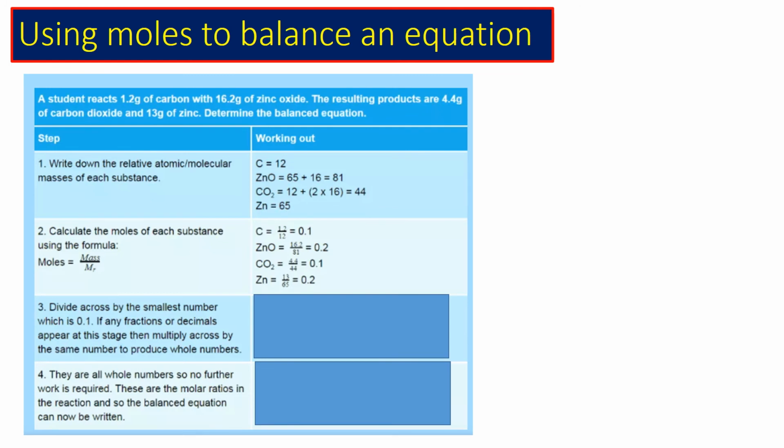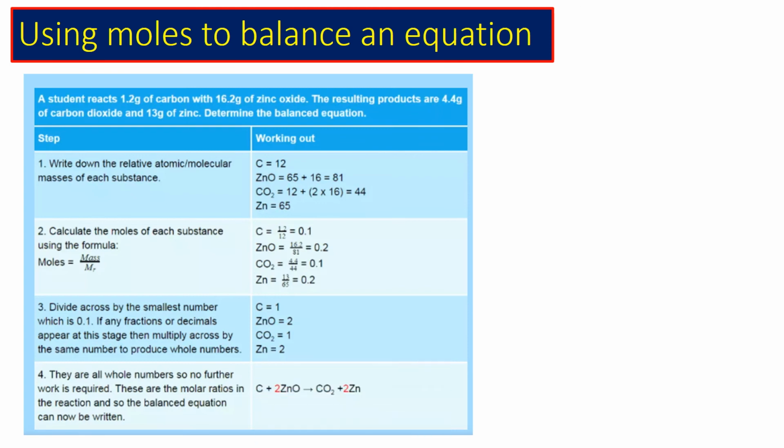What you're then going to do is divide across by the smallest number which appears, in this case 0.1. And we're basically trying to get the ratio of these to each other. So if we divide all these numbers by 0.1, we get carbon 1, zinc oxide 2, carbon dioxide 1, zinc equals 2. So then we can use those whole numbers to put into our equation.